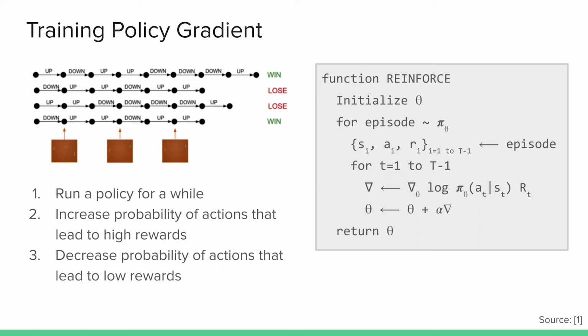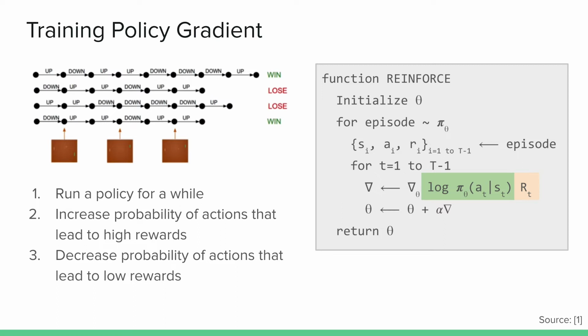So each episode is now a collection of state, action, reward pairs, because we know the states that we passed through, the actions that we've taken, and the rewards that we're seeing ultimately. Now we can update the parameters in the following way. We compute the gradient by multiplying the log likelihood of a certain action in a particular state with the expected discounted reward.